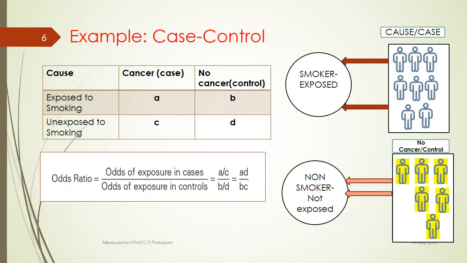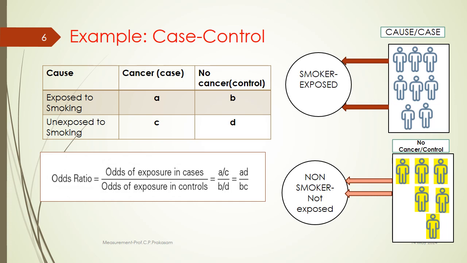Here is an example of a case control study. If you look at this example, in a case control study we have to identify the cases. Assume that the case is cancer A and non-cancer B. Then among the cancer patients and non-cancer patients, we identify whether they are smoking or not.